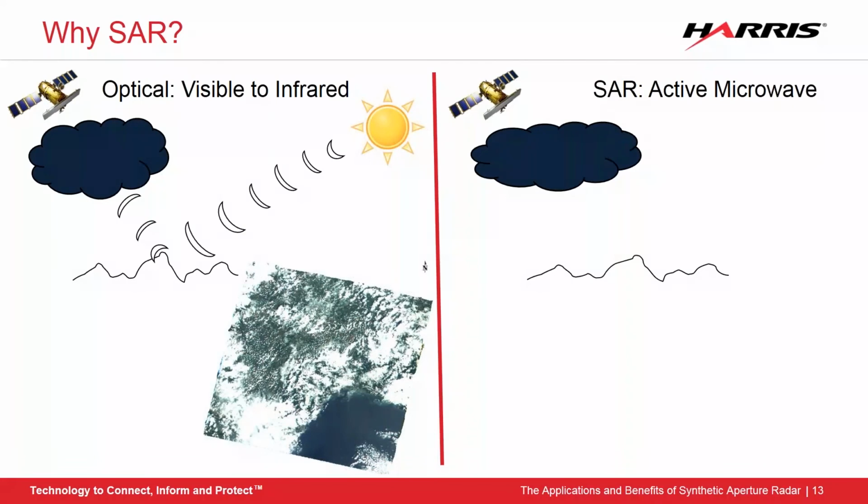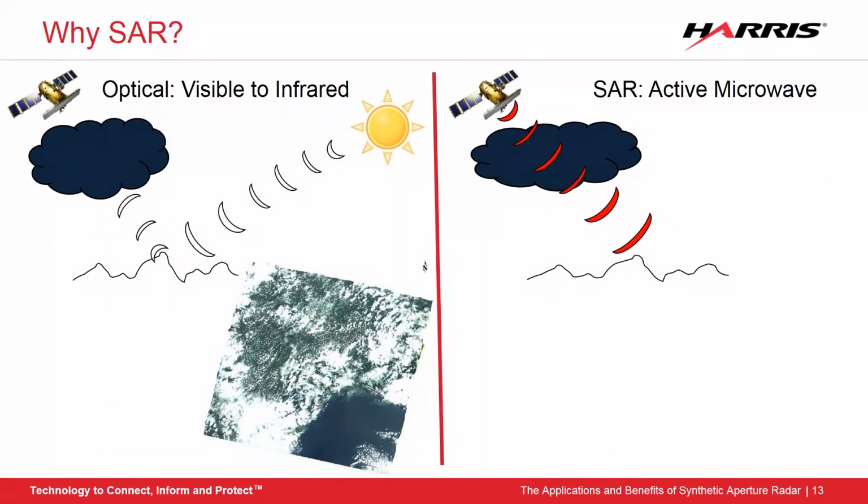This becomes particularly important when you're dealing with things like natural disasters where you have perhaps flooding from a lot of rain. If you have rain, you have clouds, and it makes it very difficult to image your area using optical data. SAR, however, is an active sensor, which means it provides its own illumination in the form of an emitted microwave.